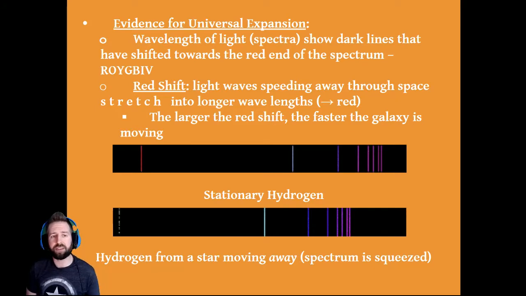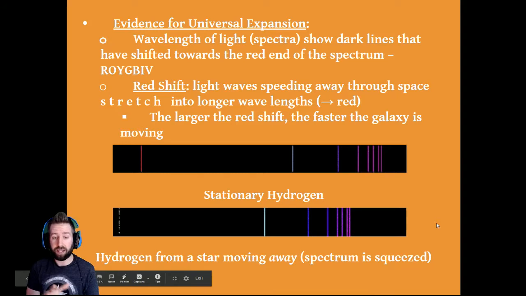And what that does is it actually stretches out the waves, and it gives you the perception that it's more red than it actually is. So when something's going really far away from you, it is going to have these lines stretch and change the actual wavelength that you see. So that's why on the bottom, even though it's the same pattern, it is red shifted. Therefore, it's probably speeding away from us very fast.